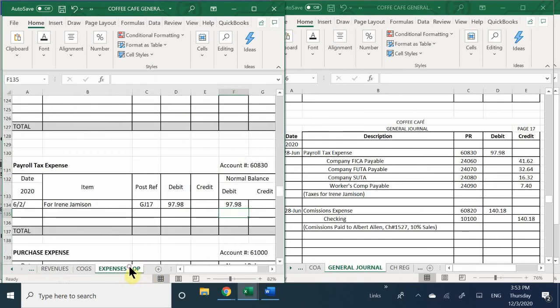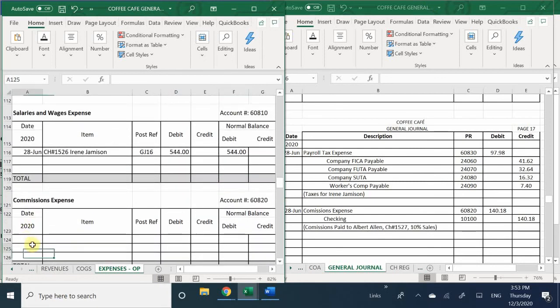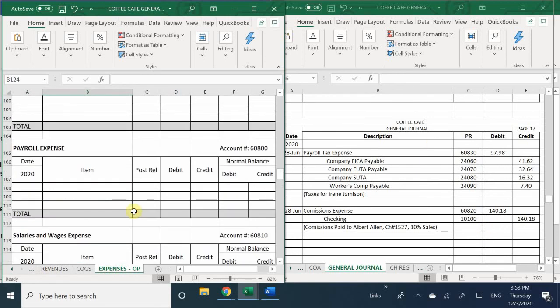Commission should be right under salaries and wages. Yes, 628.